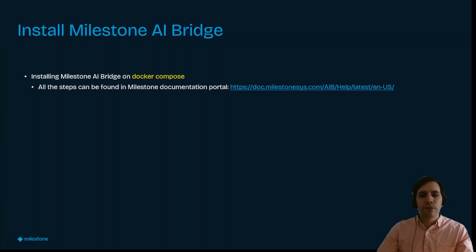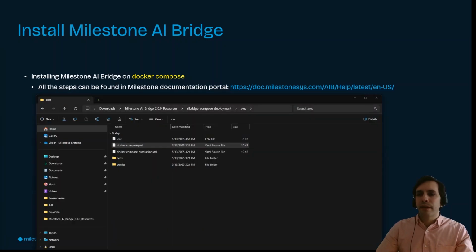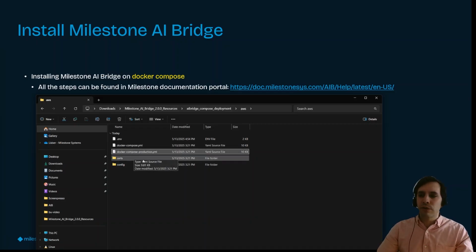However, there is something that I would like to mention as part of the video tutorial, which is the fact that inside the AI Bridge Compose deployment folder, there are two compose files that could be used. One called Docker Compose YAML, and the other one called Docker Compose Production YAML.